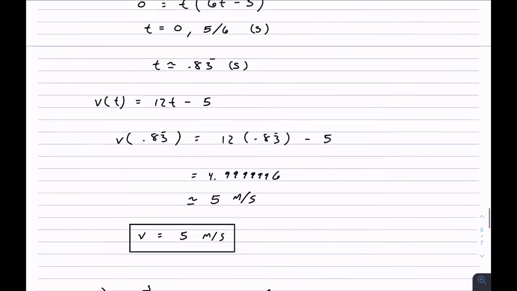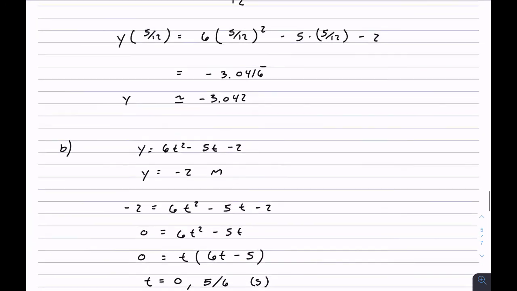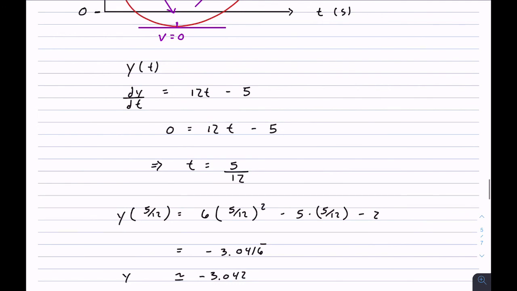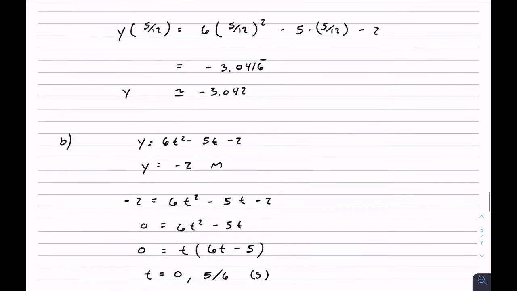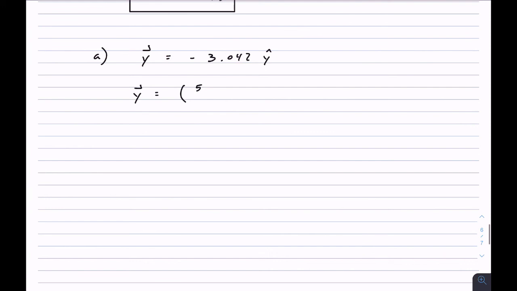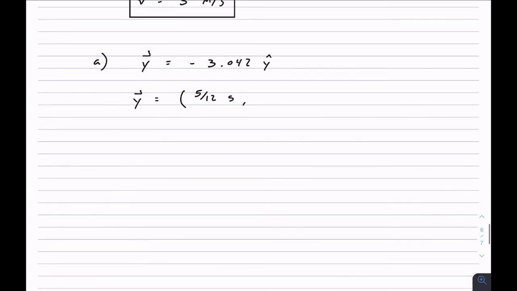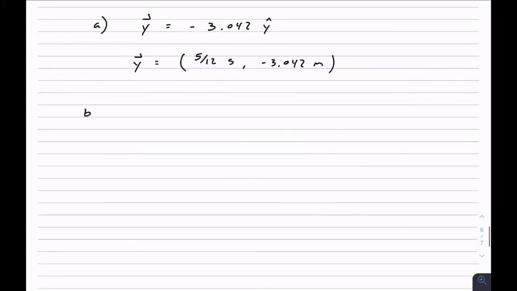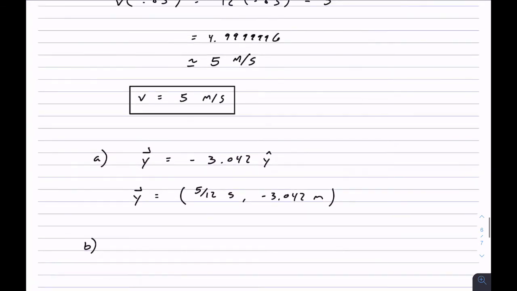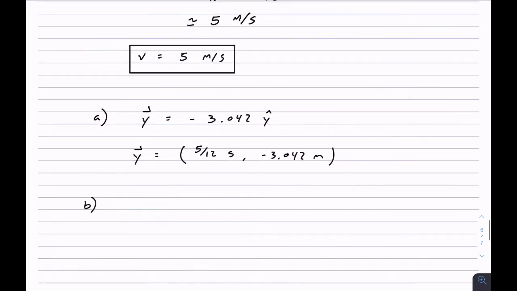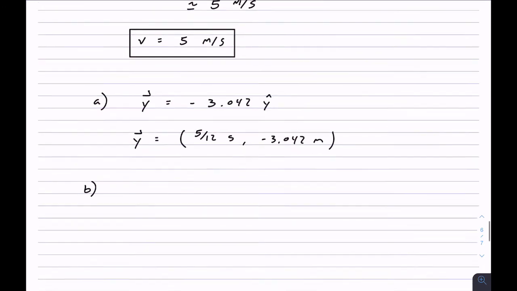So we had 5/12 seconds right here, and then we also had negative 3.042 meters. Okay, that's part A. You could also express it as I had before. This is one way to express it in vector form.